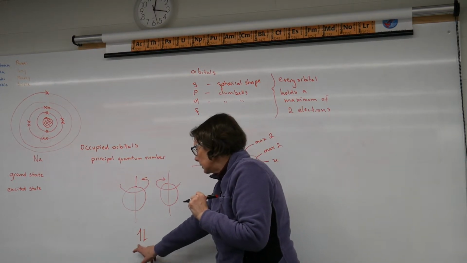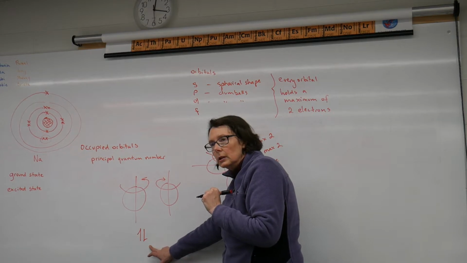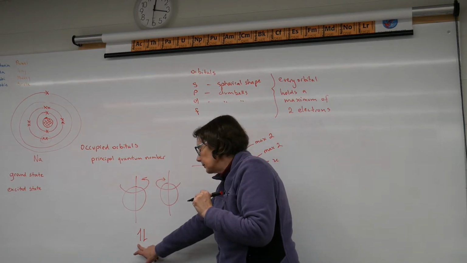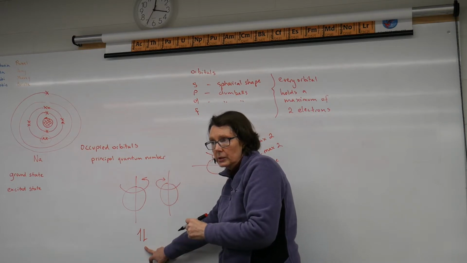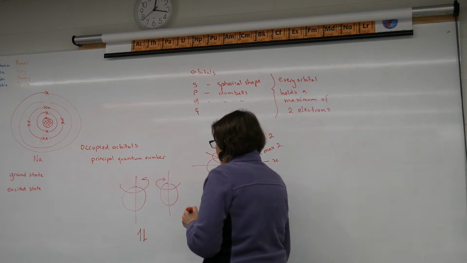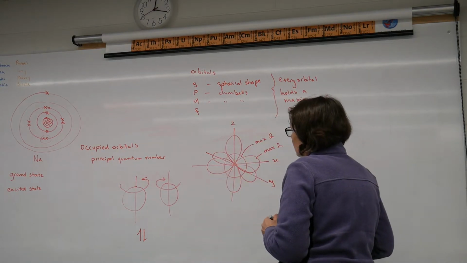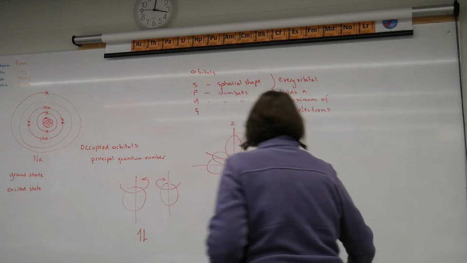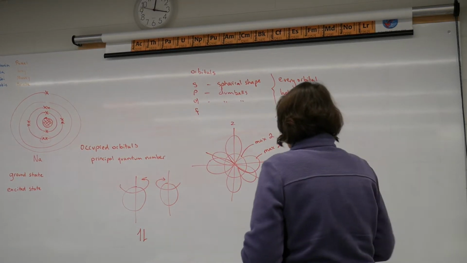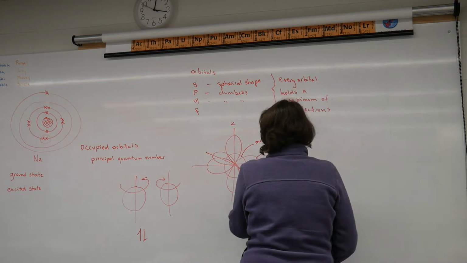Each of these is an electron spin, but the arrow points up and the arrow points down to indicate that they have opposite spins in the same orbital.